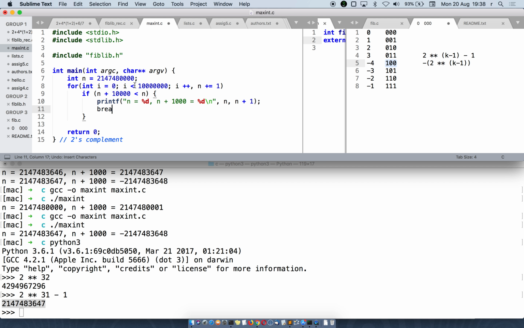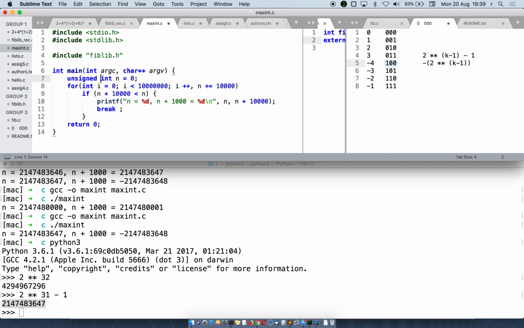I'm going to Control Z. And actually, I'm going to put back the break here. And I am going to say that this is an unsigned int.